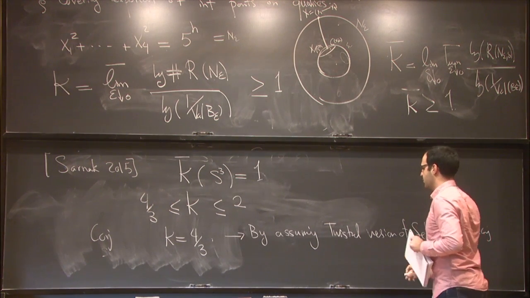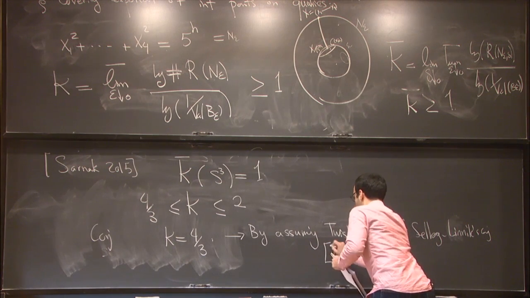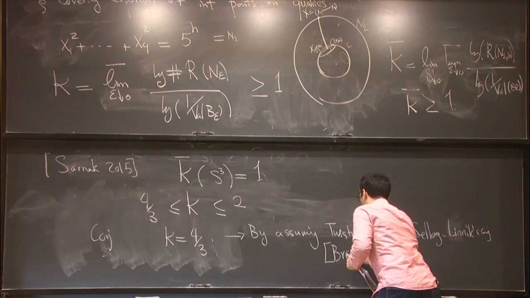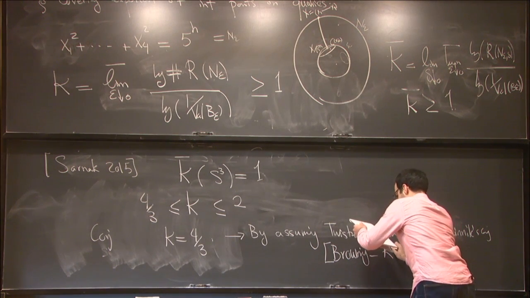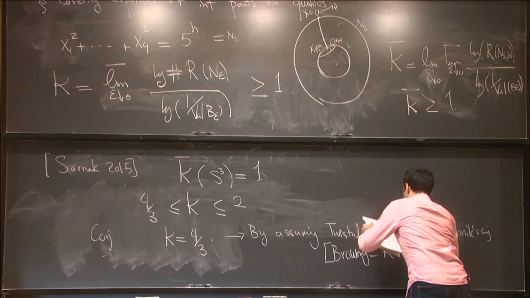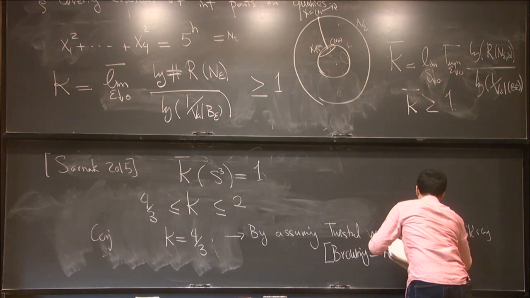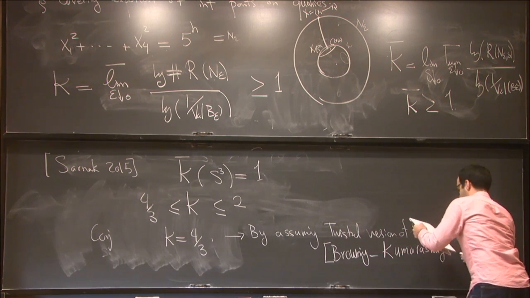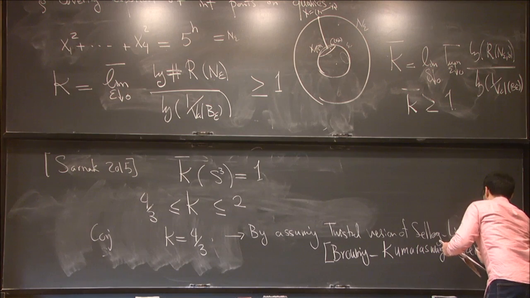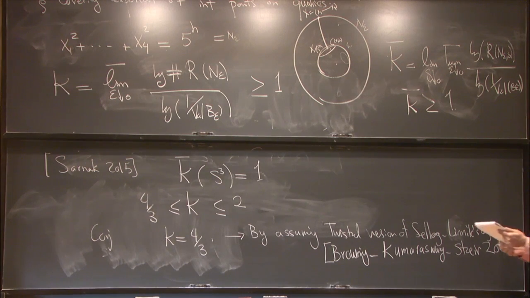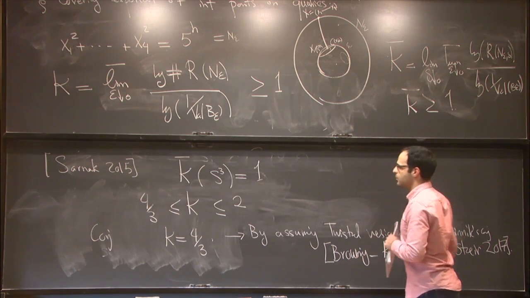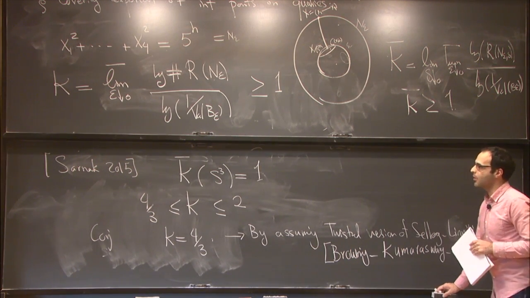This is known by the result of Browning, Kumaraswamy, and Steiner in 2017. So these are the known bounds on k bar and k.